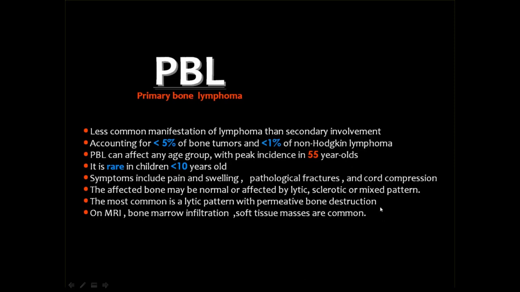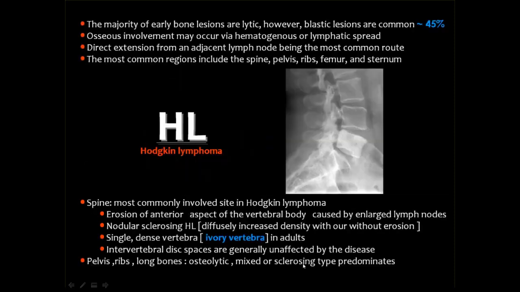The symptoms are not specific, but they include pain, swelling, pathologic fractures, and the cord compression if the lesion affects the vertebrae. The most common appearance in imaging is the lytic destructive lesions, but you know that there may be some sclerotic texture of the affected bones of lymphoma, and this may help to spot the diagnosis.